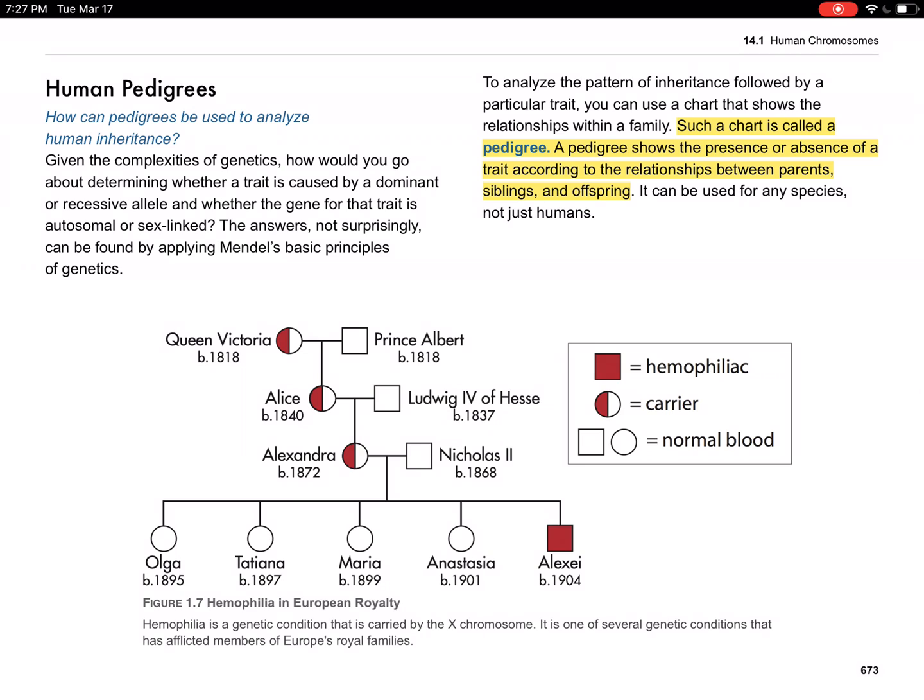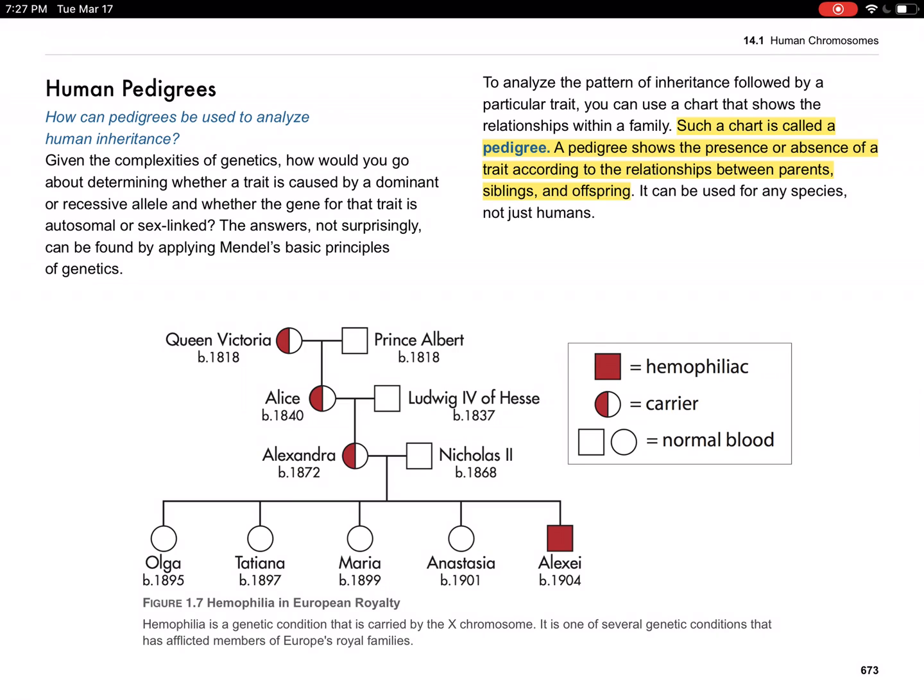Males are represented with a square, such as Prince Albert. When there's a horizontal line going across between Queen Victoria and Prince Albert, they have been married. When there is a vertical line going down from them, such as the one leading to Alice, that means that Alice is their daughter.